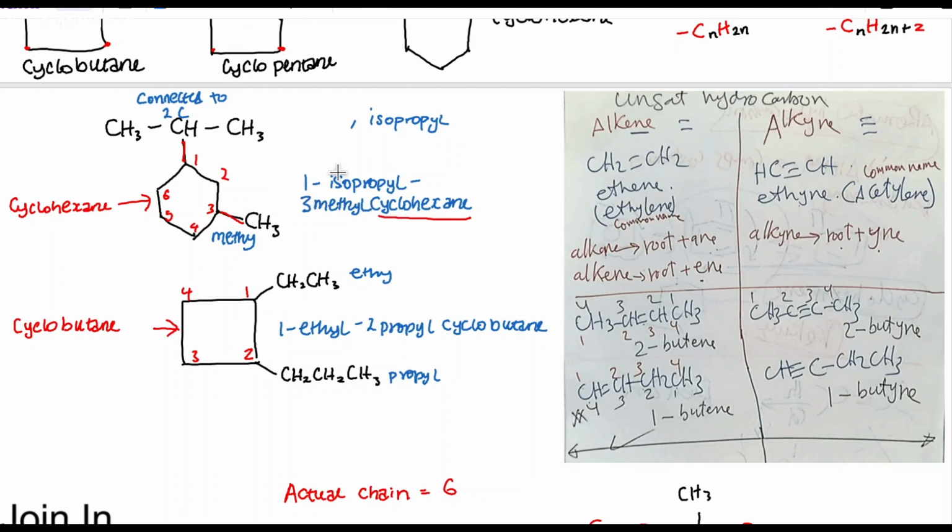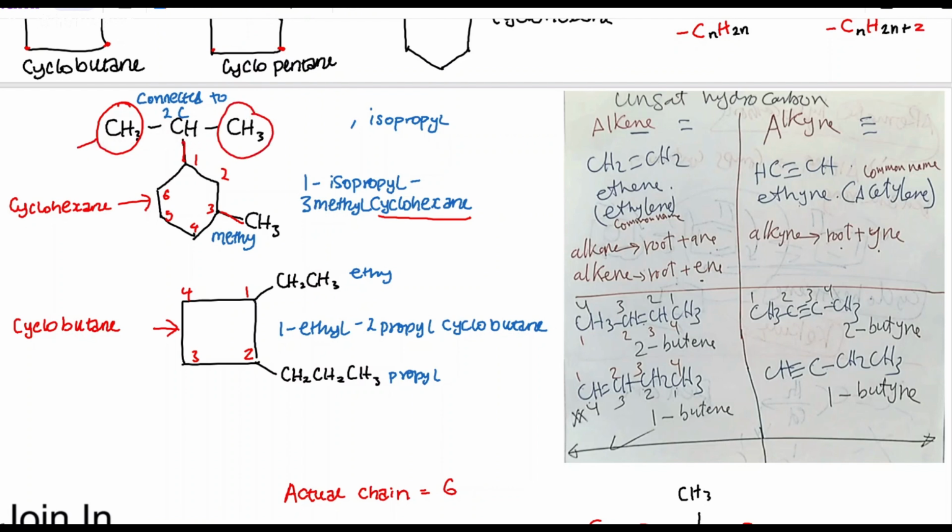And then we look at the substituents now. We can start here. If you start here, it's still going to be 1 and 3. But generally, I just like to start at the top, and I think it's usually correct. So we start at the top, 1, and this is isopropyl, not propyl. It has 3 carbons, so we know it's a propyl, propane. But it's iso because remember it has 2 identical, and it's connecting to the middle.